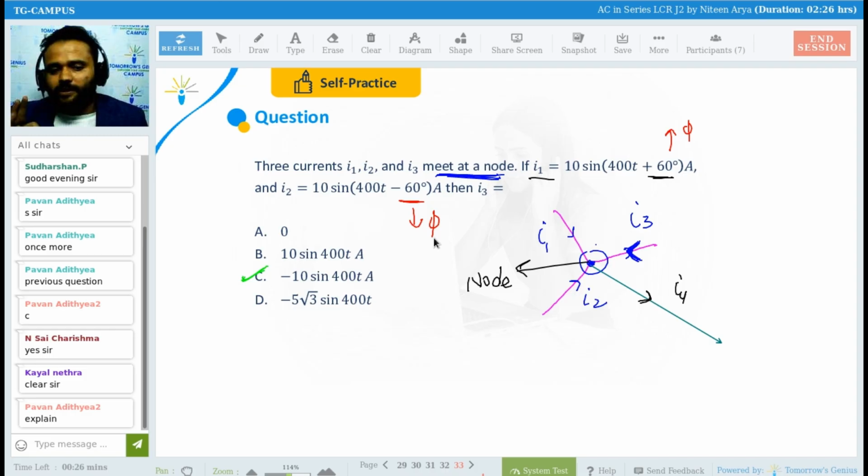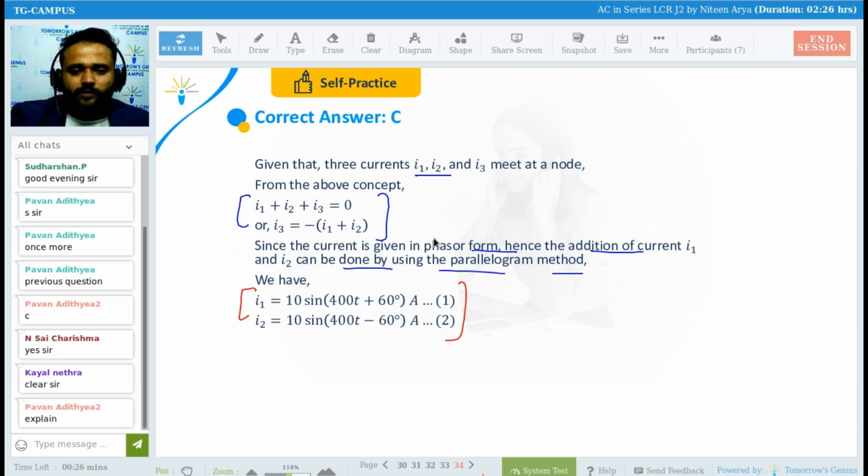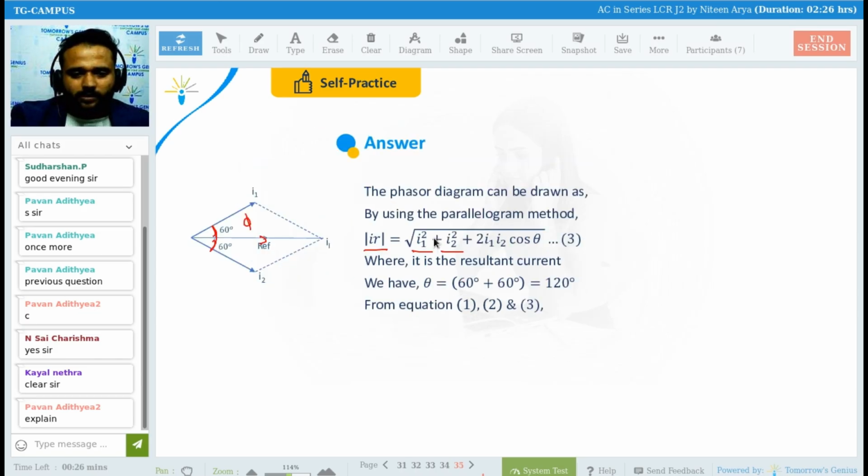Tell me. The simple method: when any particular branches of current meet at a node, at that particular moment the net current is going to be 0, for instance, not for every particular time. Here the currents are given in terms of sine omega t. So we make this diagram, and then with the help of the parallelogram law, which is a vector addition law, we take these, because obviously these are vectors.